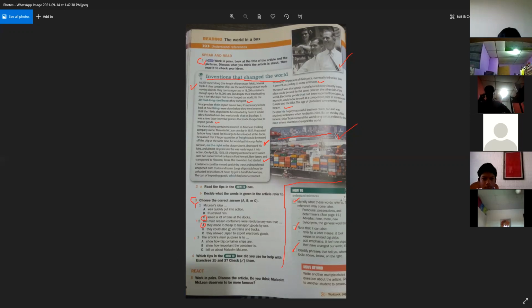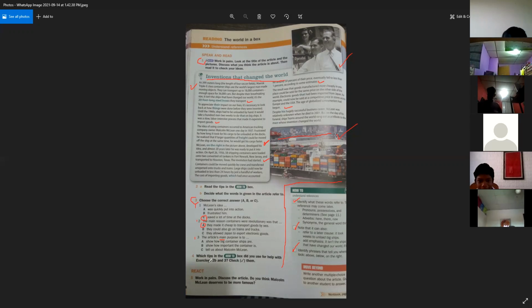Okay, and the last one, the number 3, the article's main purpose is to... remember this word, main, es principal. Pueden que hayan muchas razones, pueden que no todas las razones sean válidas, pero la principal.